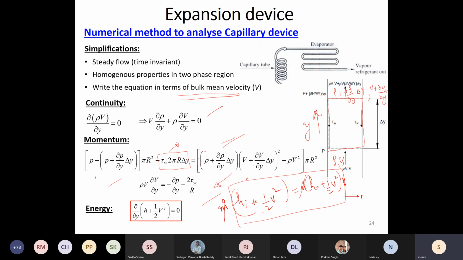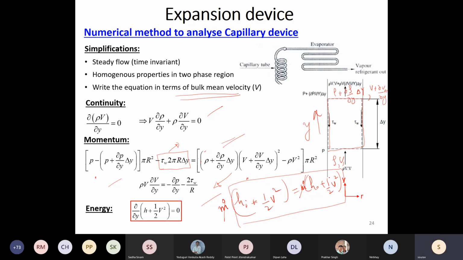Now you would be wondering, till now we were discussing HI equals HO. That was the isenthalpic equation we were writing for the expansion device. But when it comes to actual analysis, you will see that the velocity of the fluid may not be significant at the inlet, but it becomes more and more significant at the outlet because the densities are dropping.